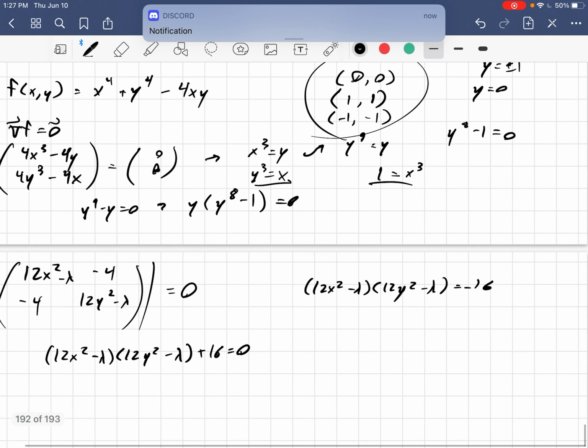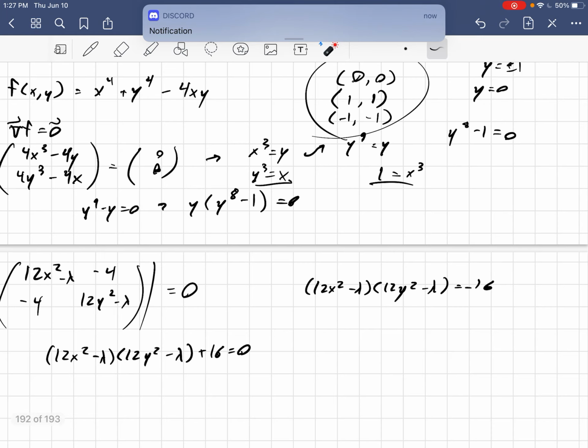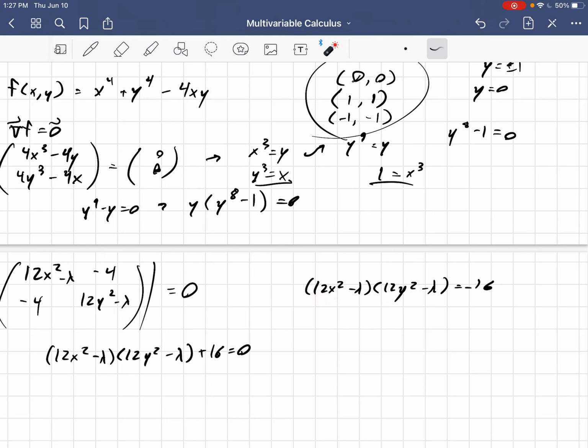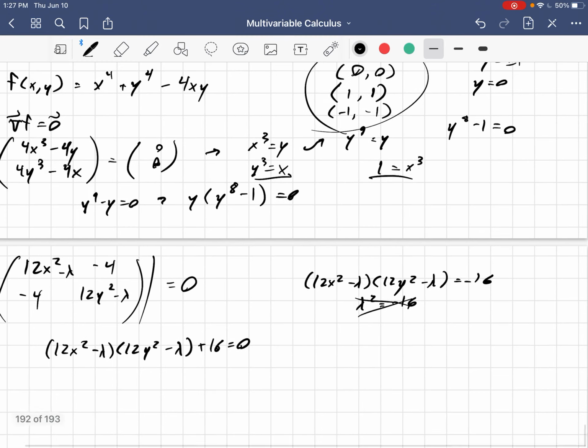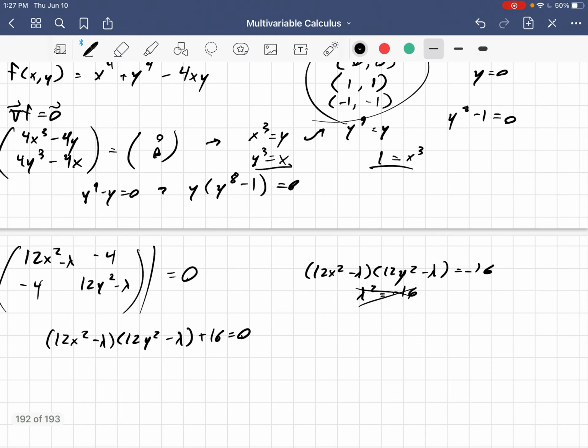If we have (0, 0), we have (0 minus lambda) times (0 minus lambda), a negative lambda times a negative lambda. That's lambda squared equal to negative 16. So we are going to throw that out because we're only going to get real eigenvalues. If we have (1, 1), well, 12 minus lambda times 12 minus lambda.